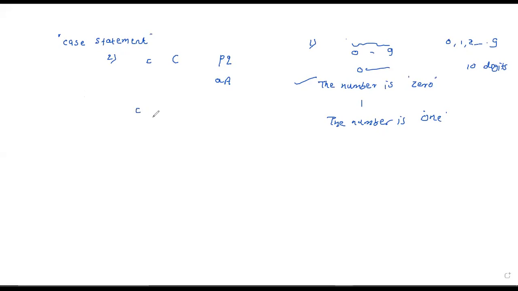Suppose we enter small c, the result will be like this: the entered letter is in lowercase. That is, small letters.